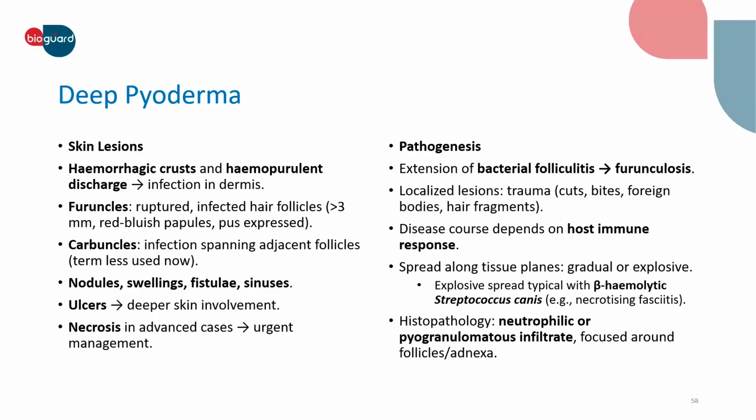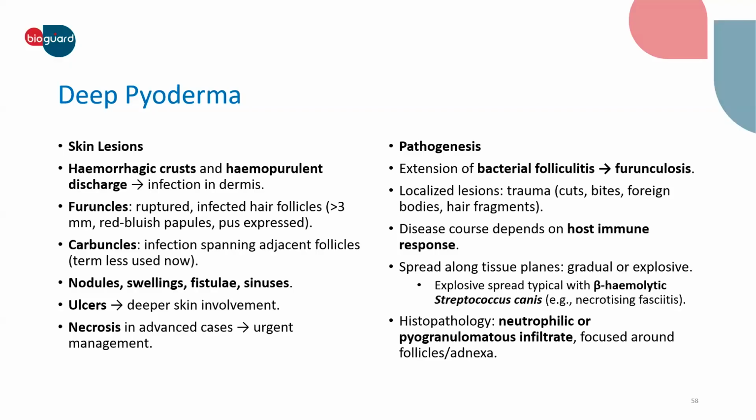And for pathogenesis, you may see the extension of bacterial folliculitis to become furunculosis. It's a localized lesion with trauma. The disease course may depend on the host immune response. It may spread along tissue planes, gradually or explosively. The explosive spread is typical with beta hemolytic Streptococcus canis.